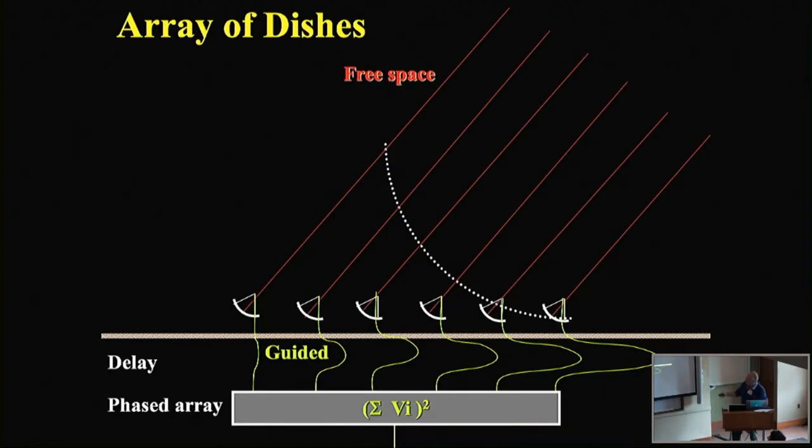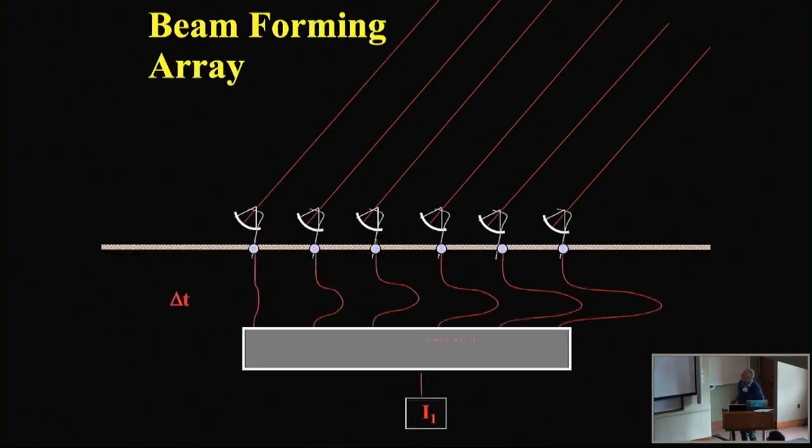It takes longer to get here, but I can put this delay in there. I can make a digital delay, or I can make it just a long cable, and I can sum them up, and I can make this flat thing into a parabola with these different length cables. Then I can sum them up. Does that make sense? So this is a sort of graphical thing.